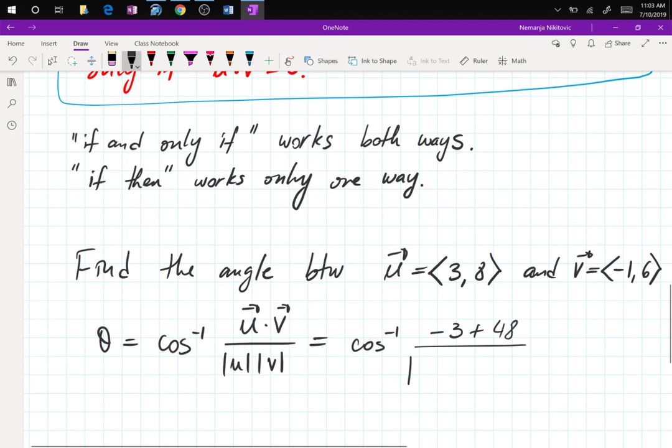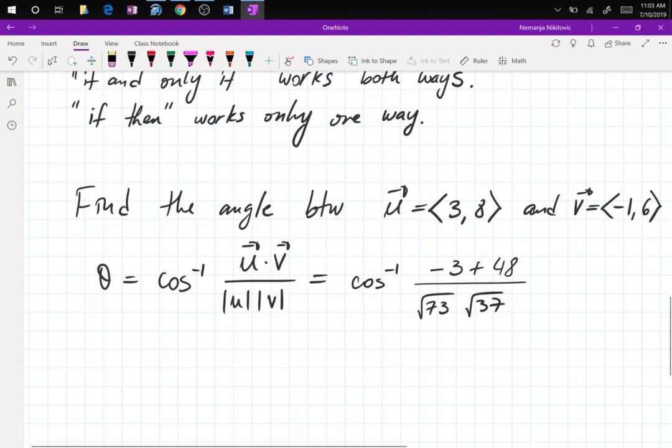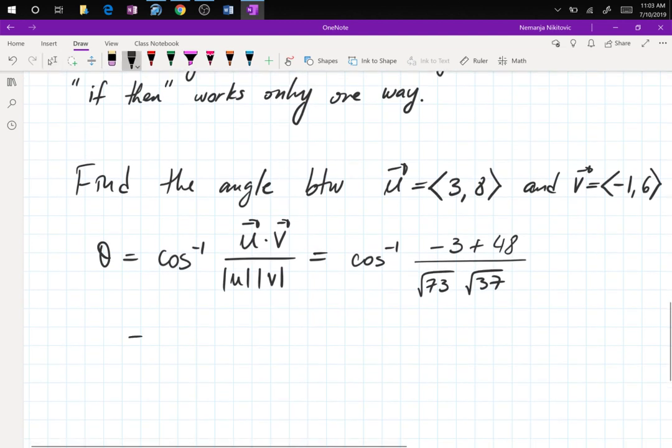The magnitude of u, that's 9 plus 64, is square root of 73 times the square root of 37. Oh, this is going to be epic over here. It's inverse cosine of 45 divided by the square root of 73 times 37.